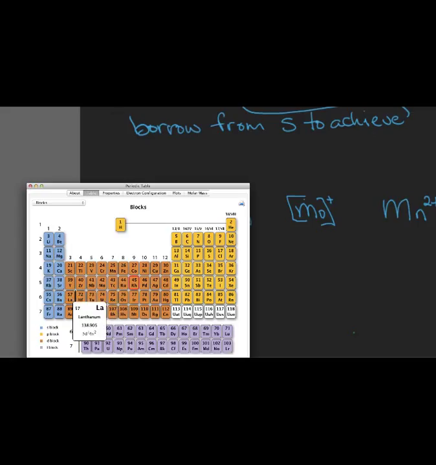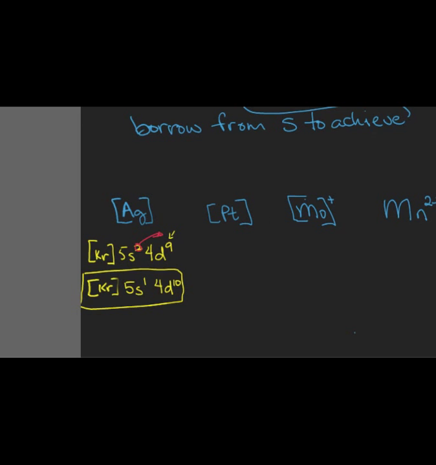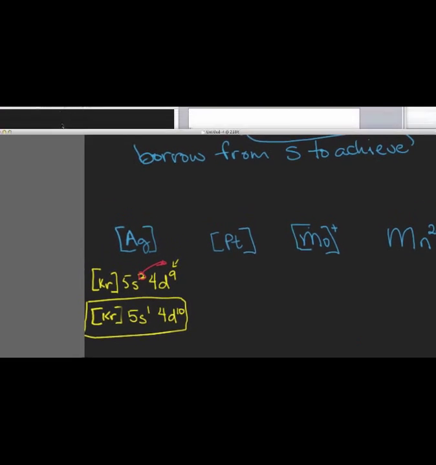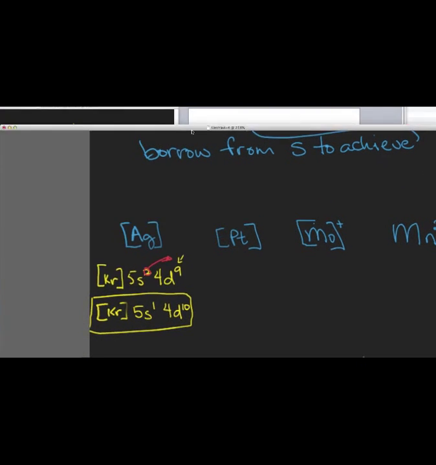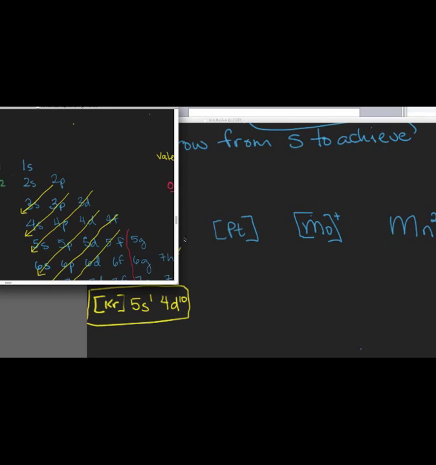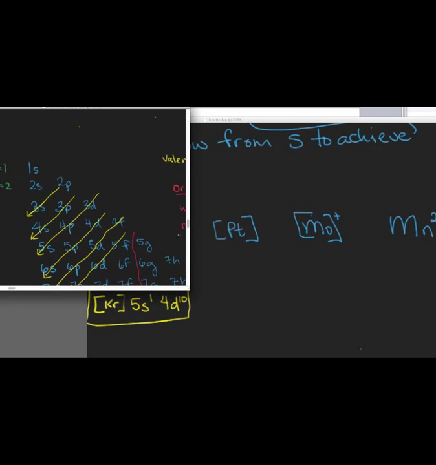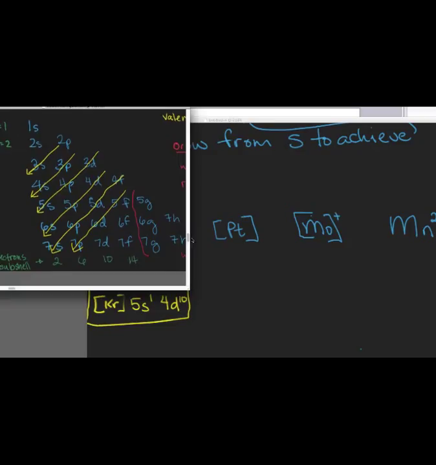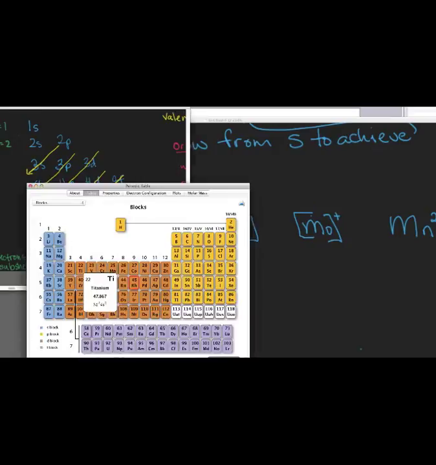Let's look at the order we fill in. So 6s2 then becomes, so we're right here. We should go to 4f, then 5d. The periodic table tells us the same thing.